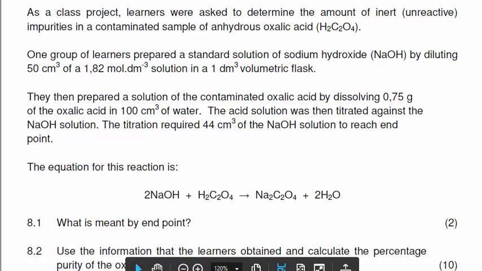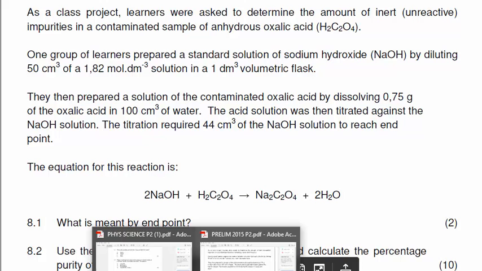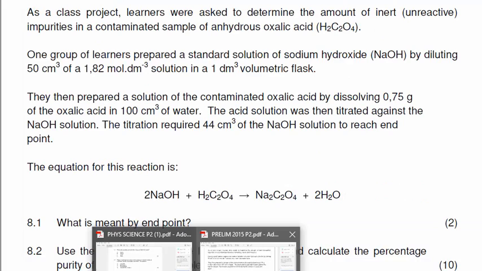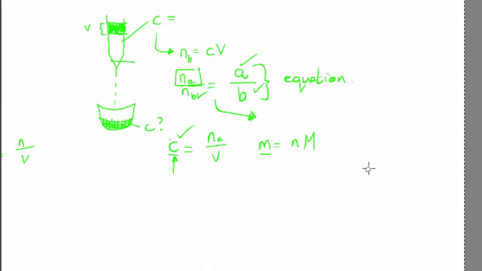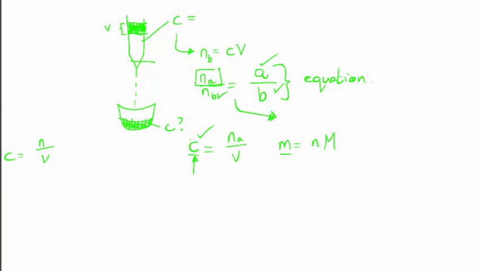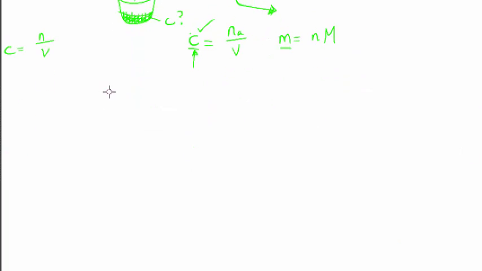So in the concentration that I'm given, this is a very long question, it's 10 marks, that's even diluted even more.